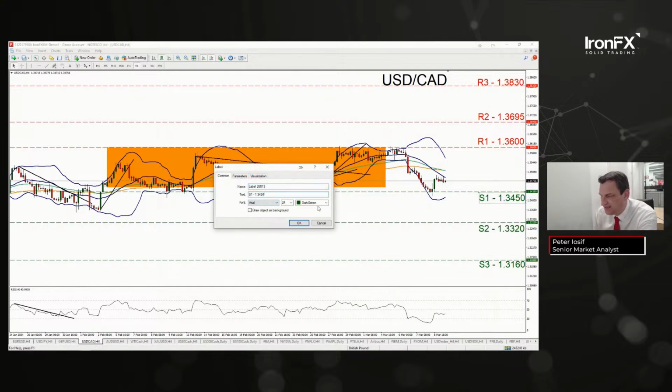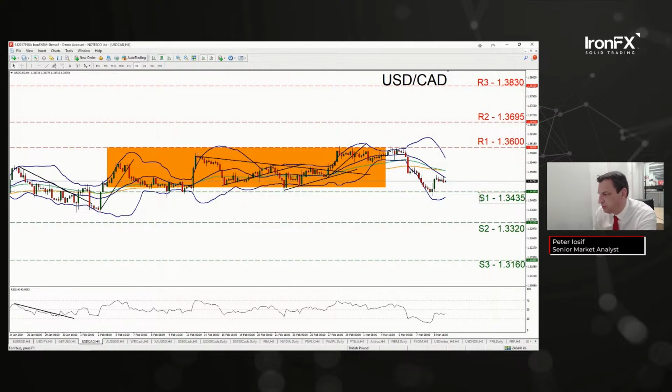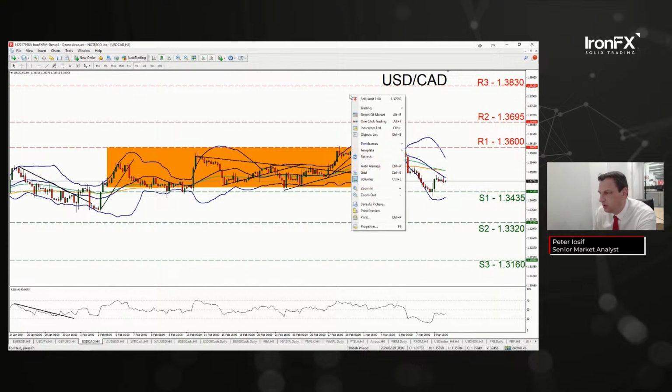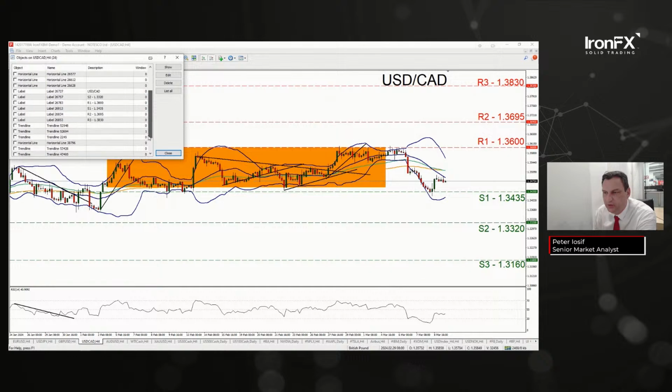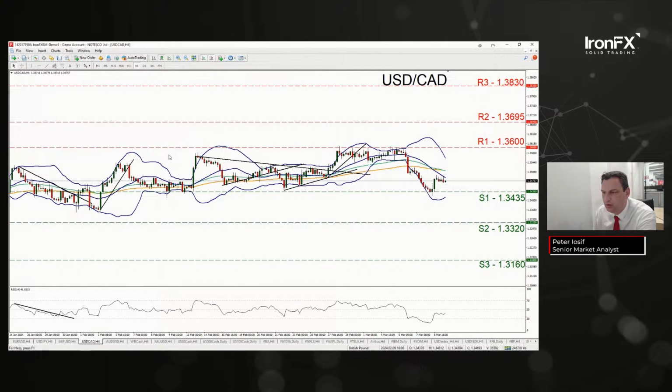It's exactly highlighting the point at which the price action bounced, and we're going to be redrawing the rectangle showing the sideways motion of the pair.